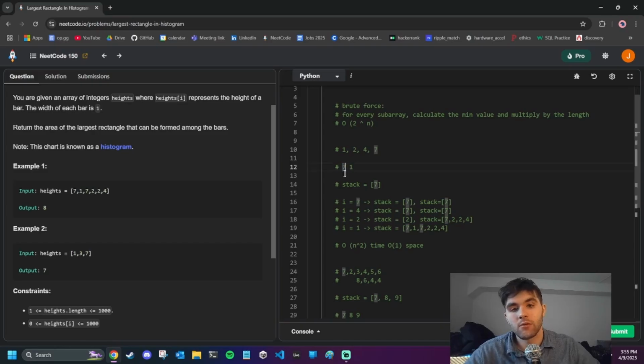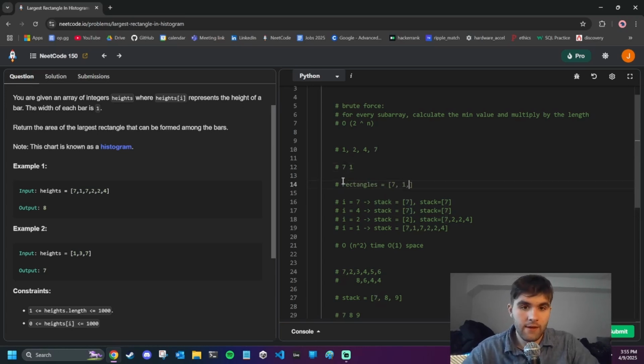We have the rectangle of 7, and the rectangle of 1, so we actually have like 3: 7 by itself, 1 by itself, and then their horizontal, which is 2.